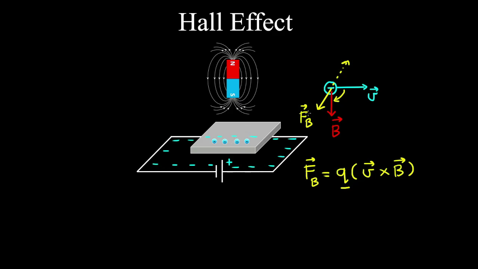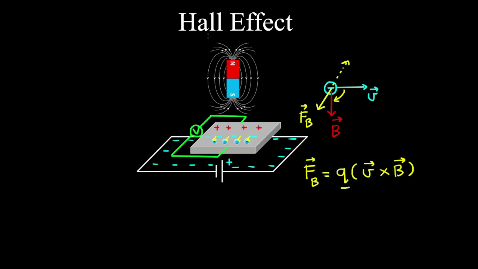So therefore this force is going to deflect electrons to one side of the plate. That leaves behind a region of positive charge on the other side of the plate. So if you attach a voltmeter between these points, you're going to measure a potential difference.